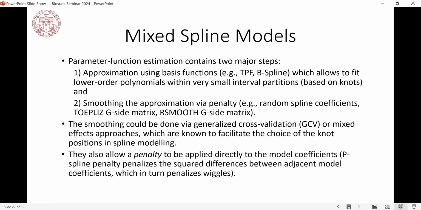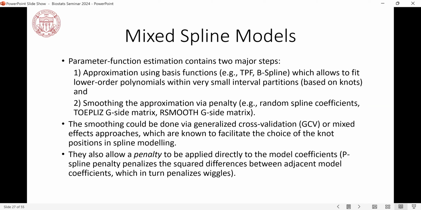There are two major steps to fit this. One is to approximate, to use the basis function, like truncated power or B spline, which allow fitting low order polynomials within very small intervals, with a basis of knots to search. And then we have the smooth. Smooth or penalty is just to prevent overfit. This is a fancy term, the penalty.